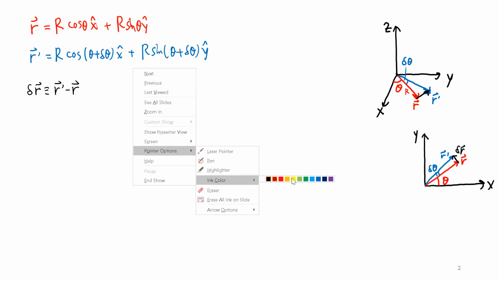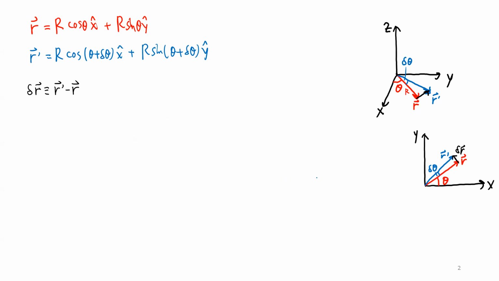So if I make approximations, just using the Taylor expansion, cosine theta plus delta theta is approximately equal to cosine theta minus delta theta sine theta.